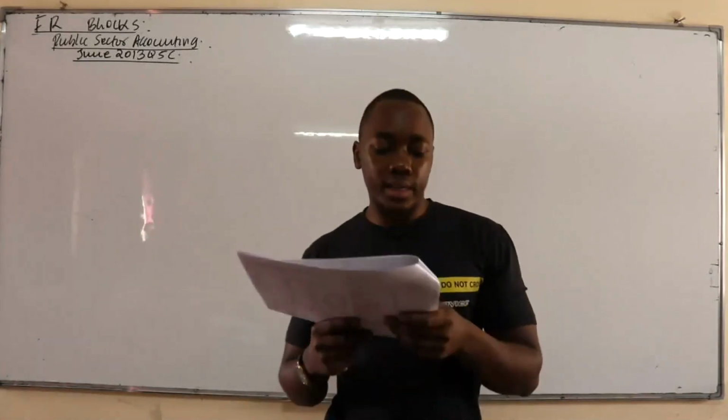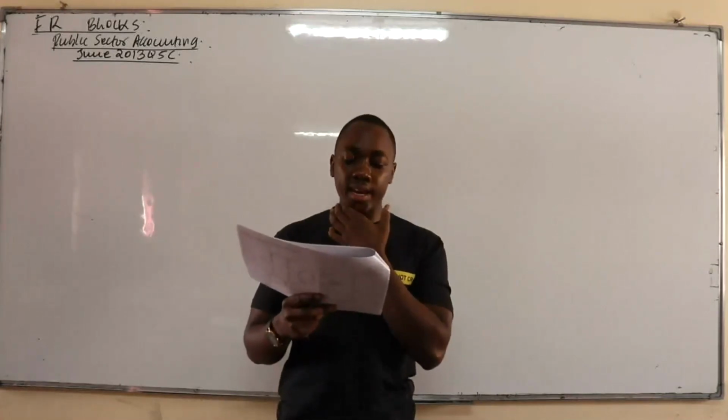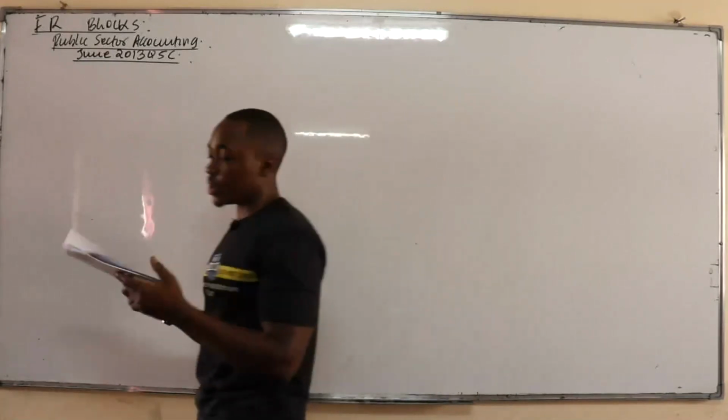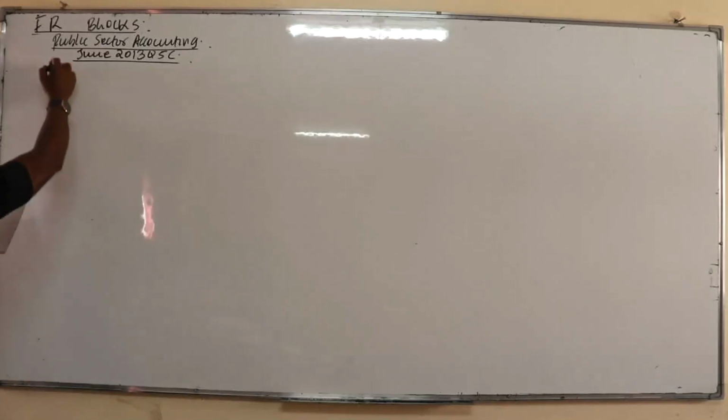Let's go to the required: statement of financial performance for the year ended 30th June 2012, and then the statement of financial position. So let's start with the statement of financial performance.